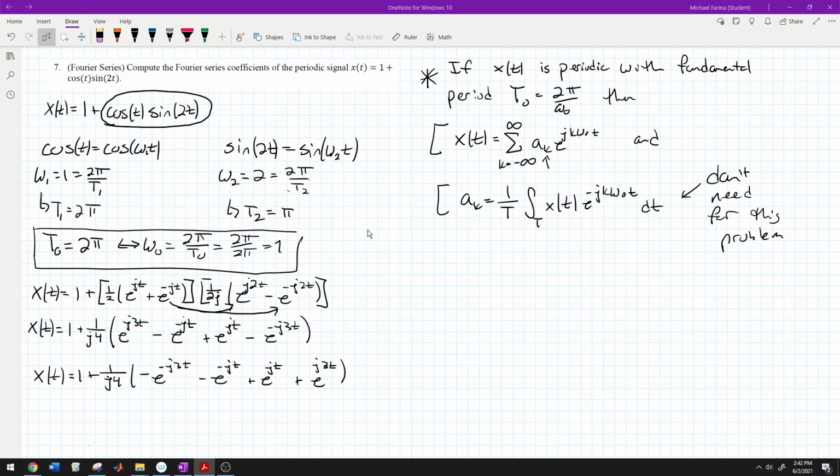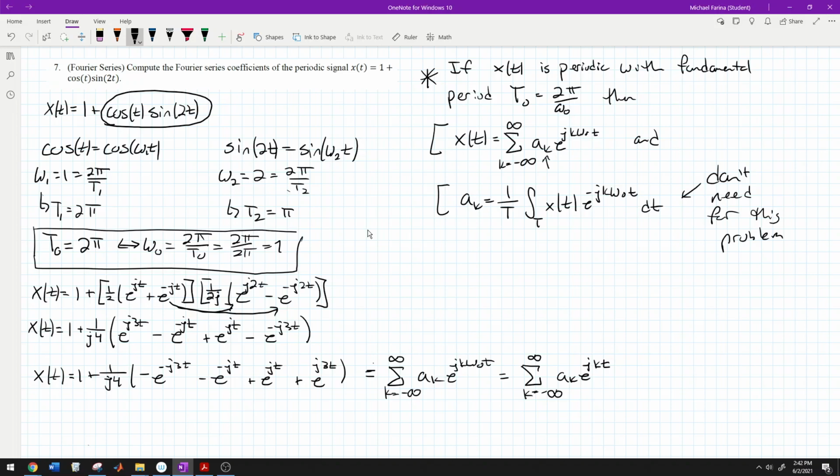So if we compare that with our summation up there, the sum from k equals negative infinity to infinity of a k e to the j k omega naught t, and we know that omega sub naught is equal to 1, then we get a k e to the j k t.